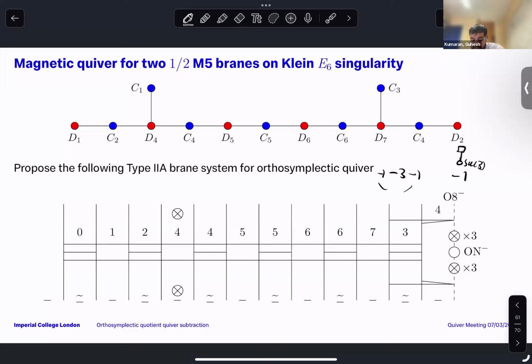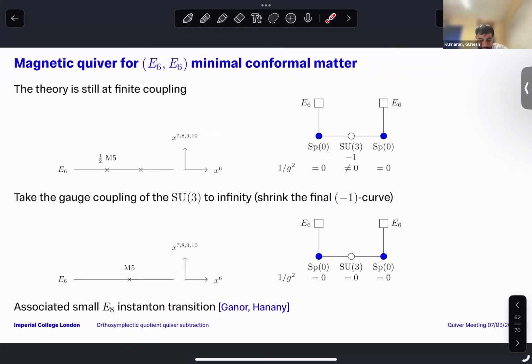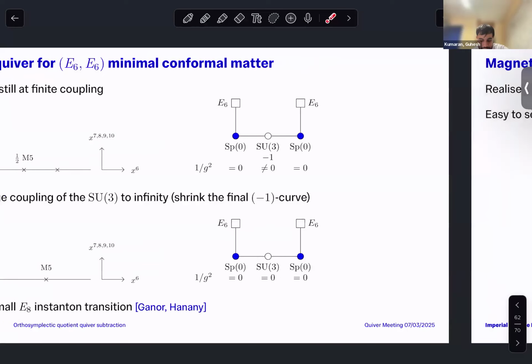So when I finally collapse this, then I'll have a small E8 instanton transition, which is the final thing I need to do. Okay. Yeah, so it's precisely this. The shrinking of this final -1 curve to 0, to nothing, gives me all 3 gauge nodes at infinite coupling.